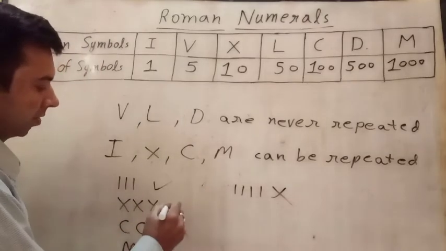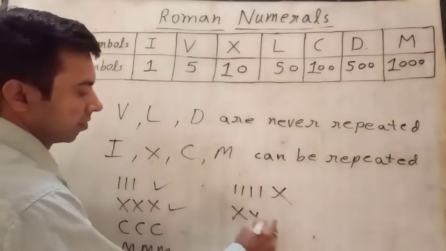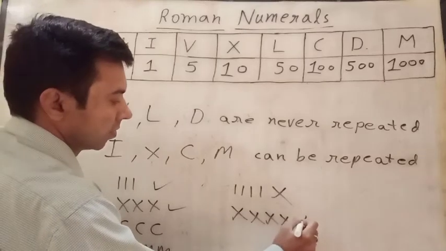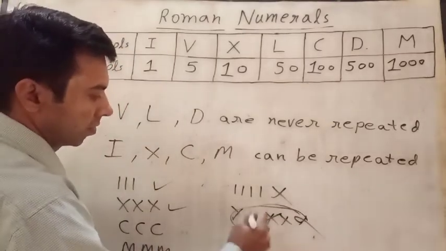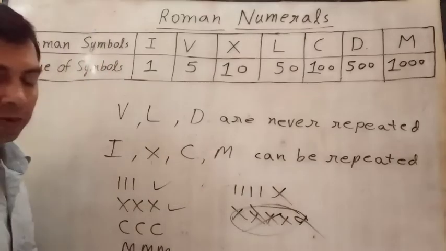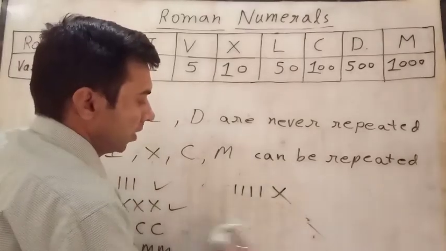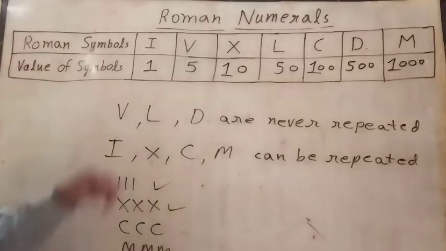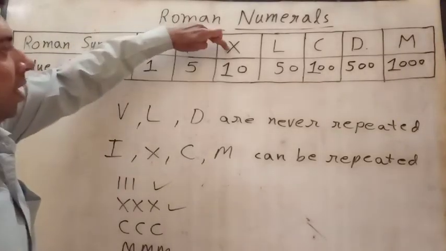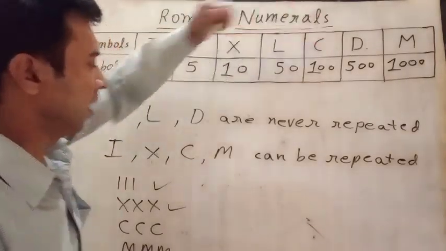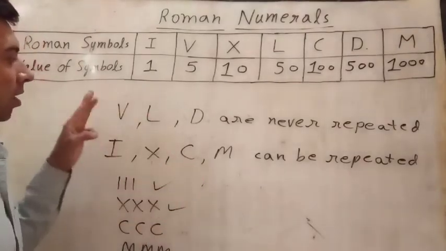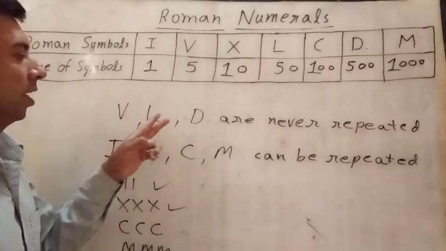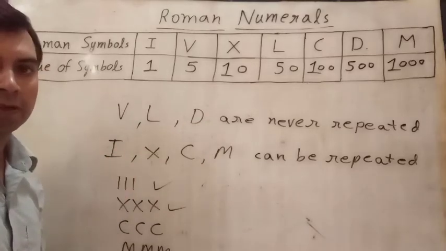So, what symbols can we repeat? We can repeat I, X, C, M, only 3 times. And we cannot repeat V, L and D.